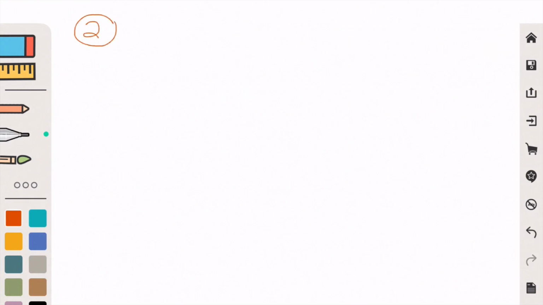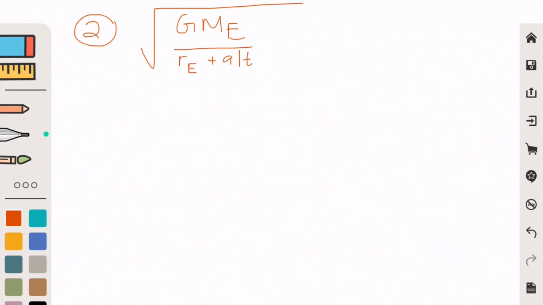So the second equation we'll be using to figure out the orbital velocity, and we'll be cross-checking the answers of both, is the square root of G, which is gravity, times M, the mass of the Earth, divided by the radius of the Earth plus altitude.